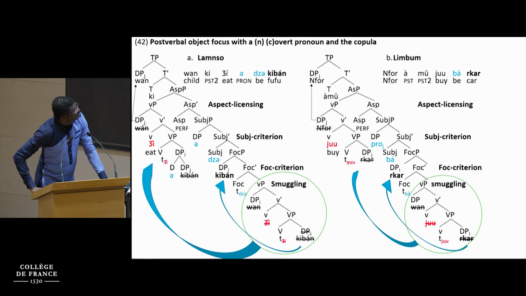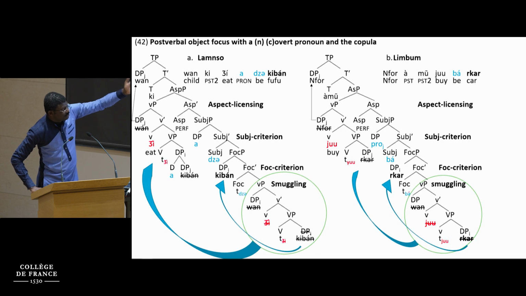The second possibility now: you want to focus a post-verbal object with a copula and a pronoun in the case of Lamso and a null pronoun in the case of Limbum.